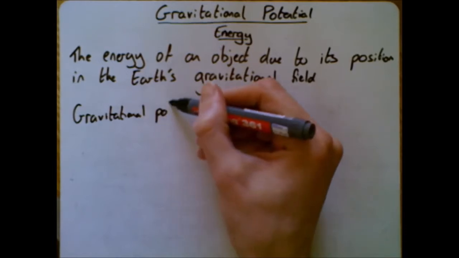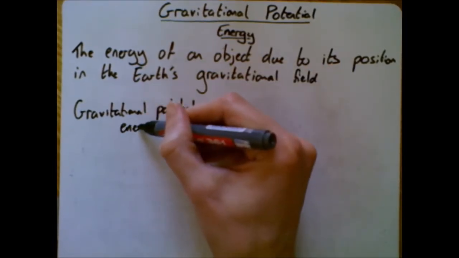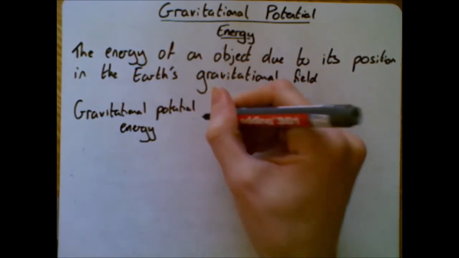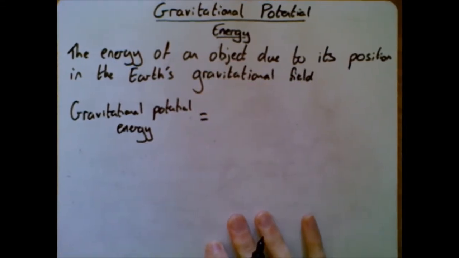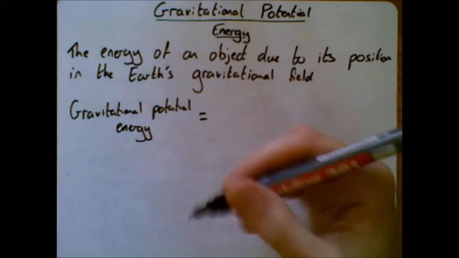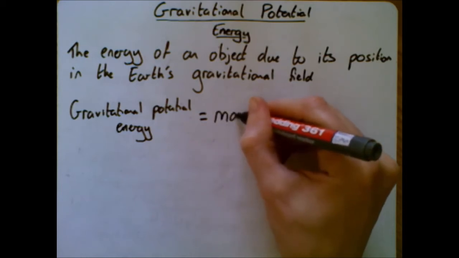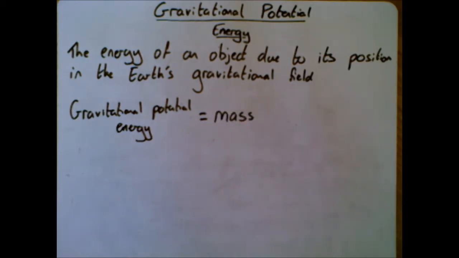Now I'm just going to have to be careful because of space here. So gravitational potential energy equals, let's think of the three things that will affect how much gravitational potential energy an object has. The first thing is its mass. So the bigger the mass, the bigger the gravitational potential energy.